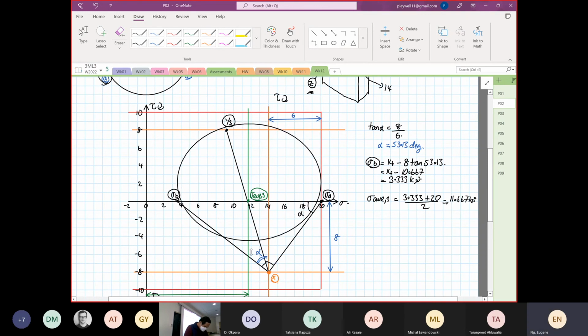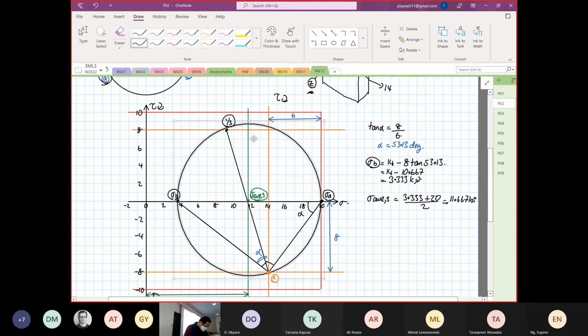I'm going to bring this down. So this circle belongs to our XY plane. I'll draw it up here, less messy.